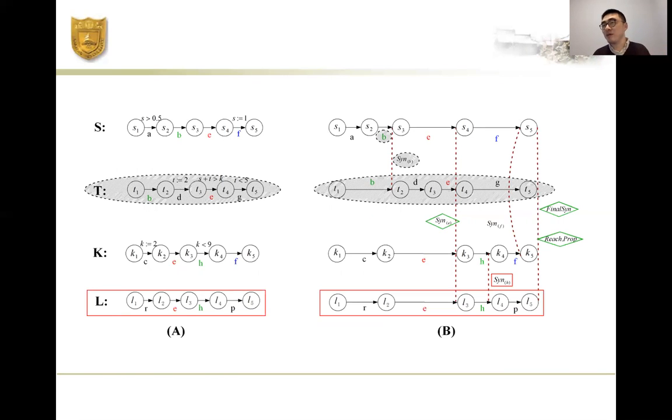That's possible to happen because, for example, in train control systems, S and K are still running on the track, but T goes into the station and L just departs from the station. In this way, you need to recalculate the synchronization between these components and update the related synchronization constraints accordingly.